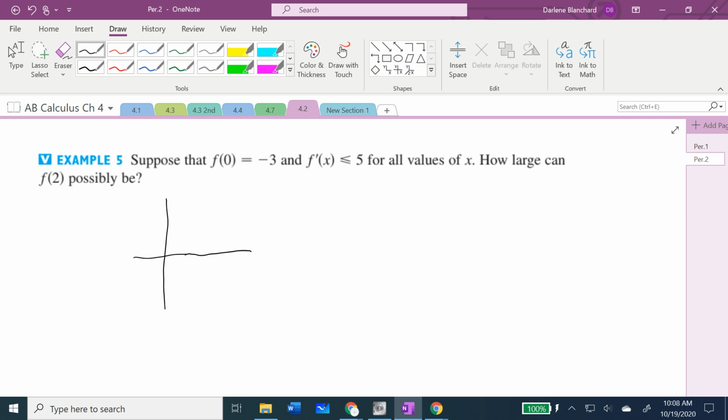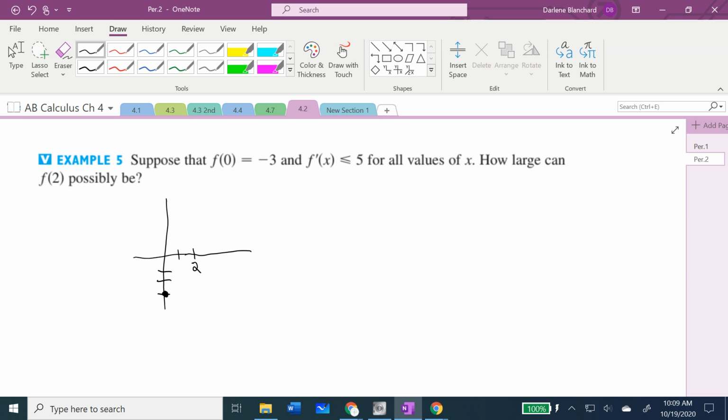For me, I prefer to draw it out and look at, okay, I've got a particular point here, and I'm being told that the slope is less than or equal to 5, so it can't be any more than 5. And I'm looking at what are my possibilities for f of 2 if I cannot be any steeper than 5 at any given time.